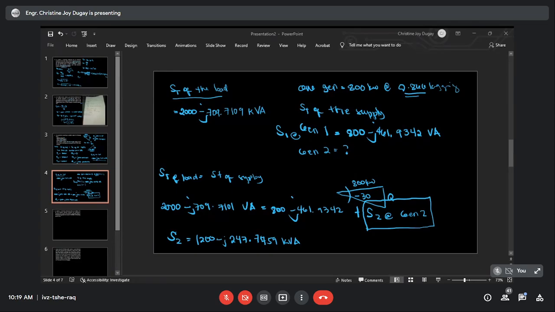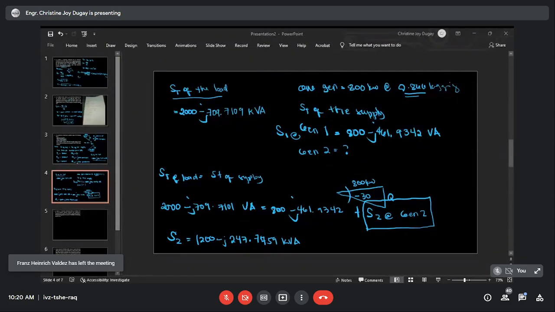So what is now the value of our power factor? Okay, so according to Miss Sasis, that is 0.9793.